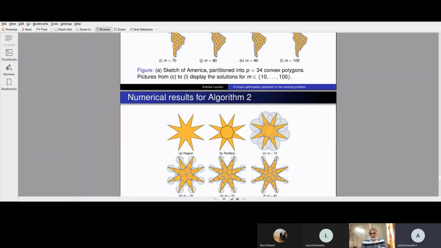Okay, so the second question is: did you test any case considering the coverage of two disjoint polygons, two polygons apart from each other?